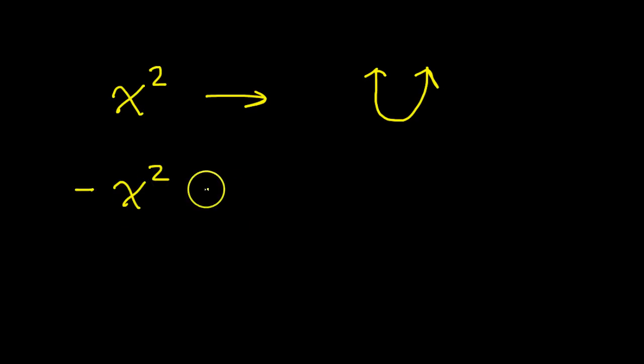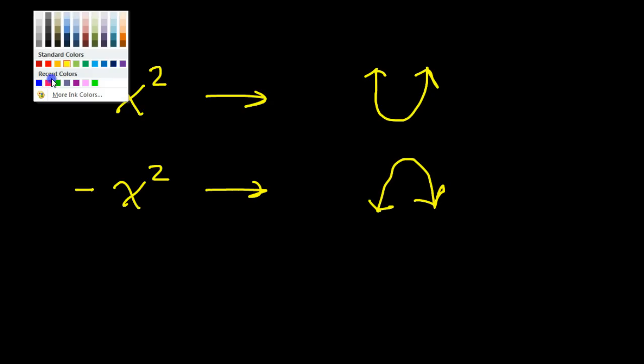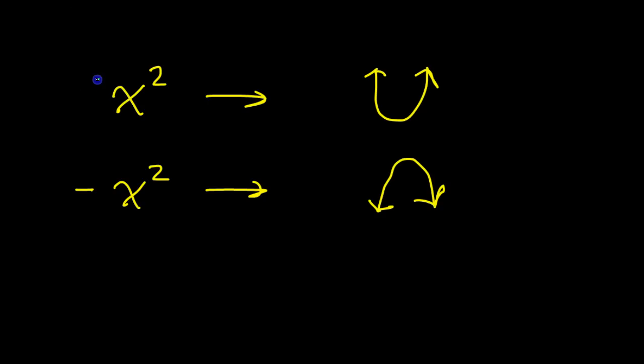For example, if I see x squared, then I know that that's going to be a parabola, something like this. Unless there's a negative leading coefficient, in which case it's going to be an upside down parabola. Okay, now it doesn't matter if there are other things going around it.